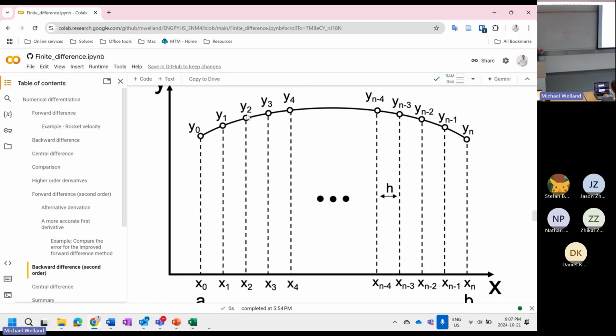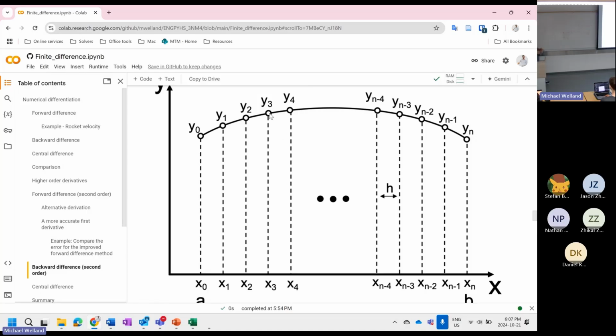If you are asked for the derivative of this function and you wanted to plot the derivative over the entire domain, for any of these points in between, you would just say f of x plus h. So say you wanted to know the derivative at x3. h is whatever this interval is here.